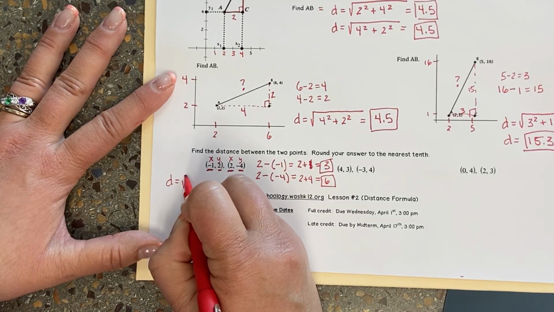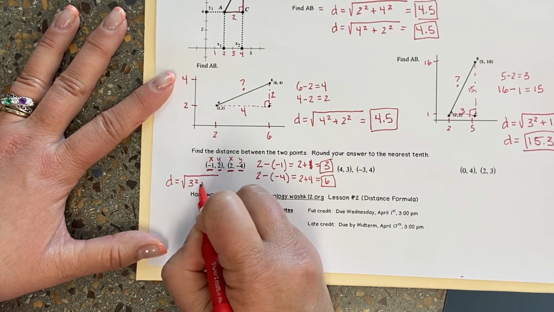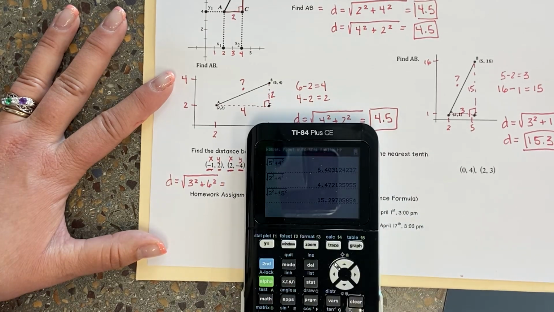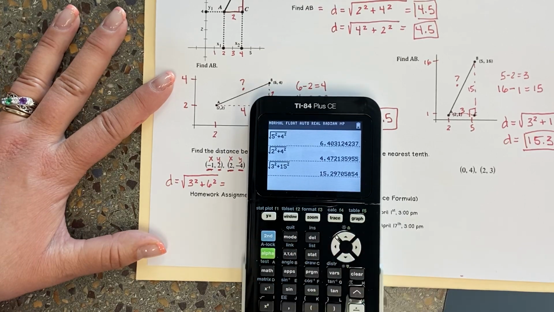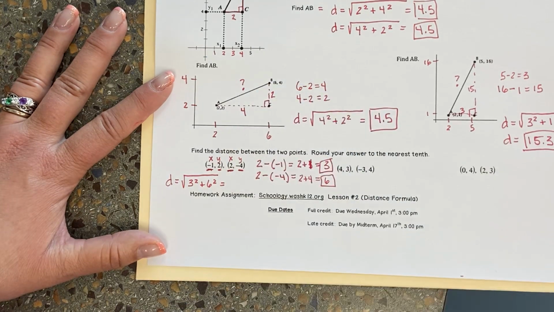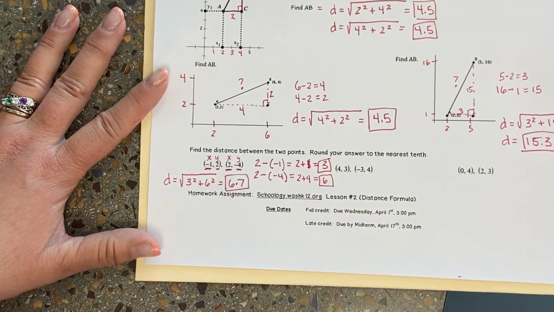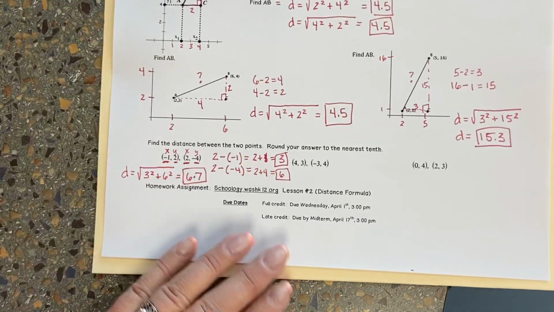Distance equals the square root of 3 squared plus 6 squared, which is 6.7. Okay. It's actually sometimes easier not to have a graph and just use the numbers.